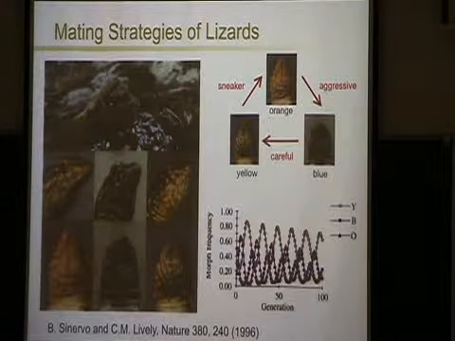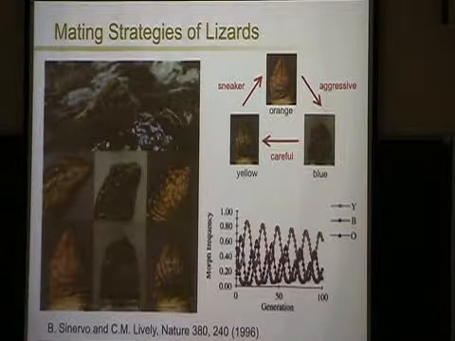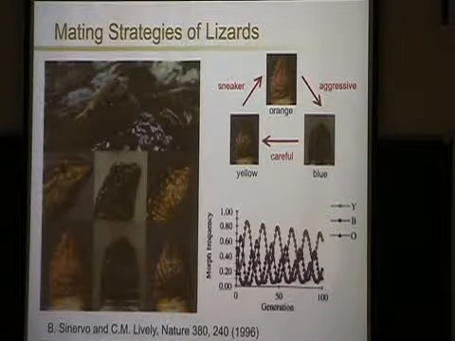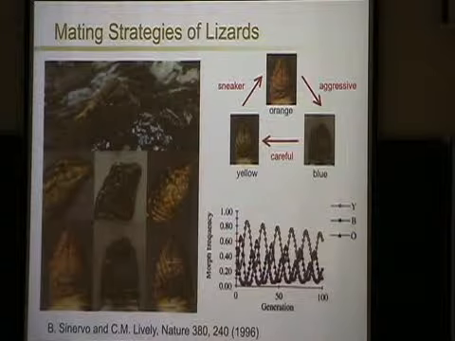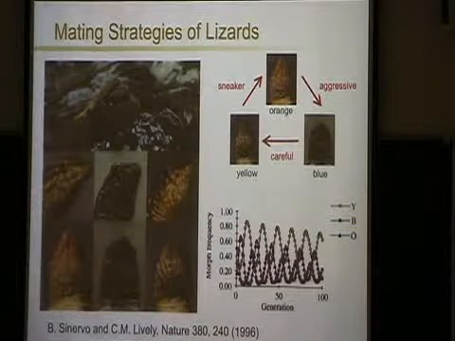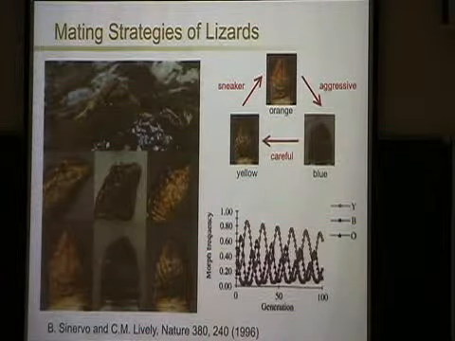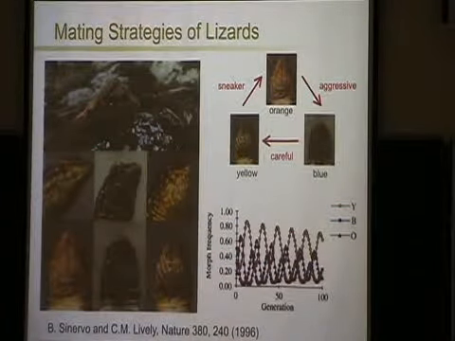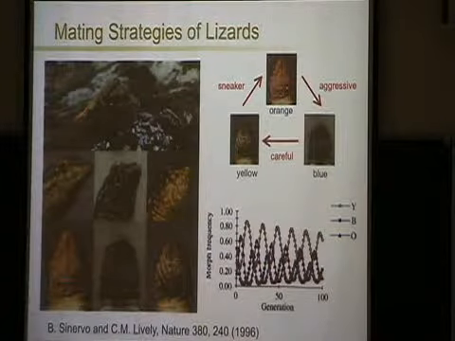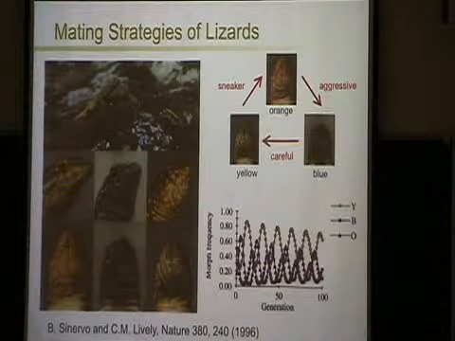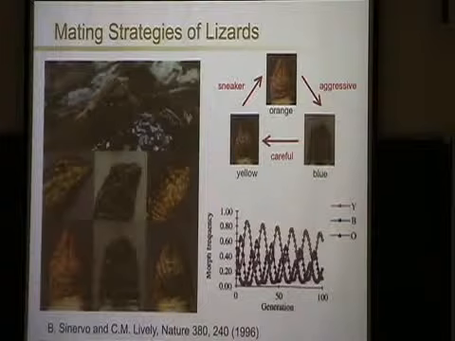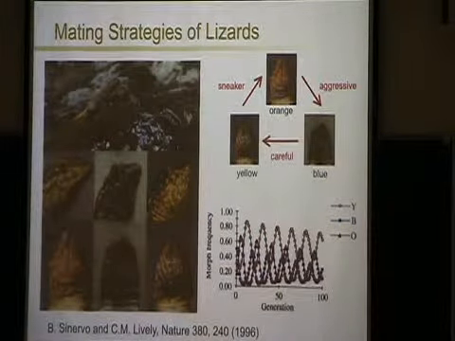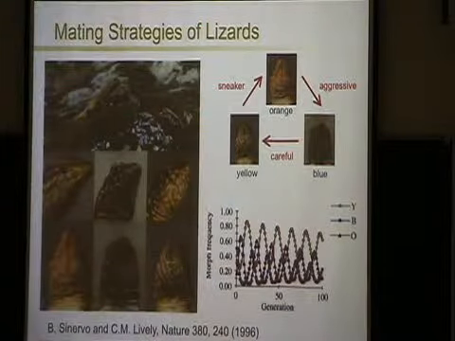They have been observed over a time period from 1990 to 1995. What people observed is the relative frequency of differently colored lizards. Those lizards differ by their throat color: orange, yellow, and blue. And this throat color is linked to their strategies of finding females.